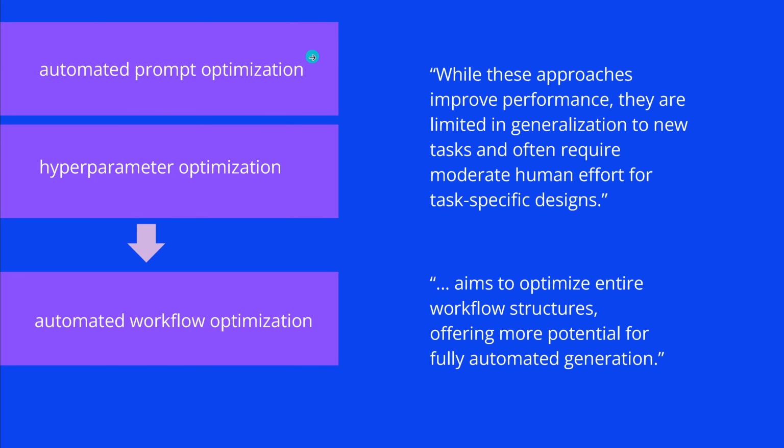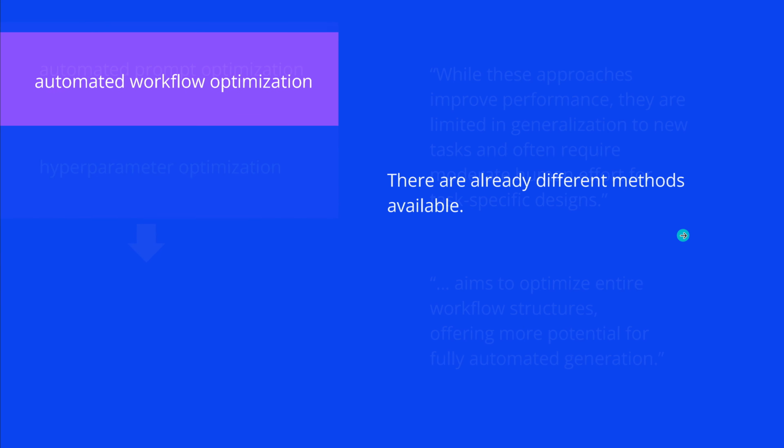And the authors argue now, those two methodologies, while these approaches improve the performance, they are limited in generalizing to new tasks and often require moderate human efforts for task-specific designs. And they say now, we want to generate an automated workflow optimization methodology, which aims to optimize entire workflow structures, offering more potential for fully automated workflow AI agent generation.